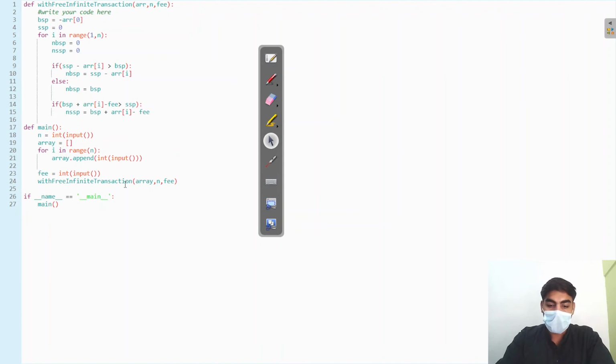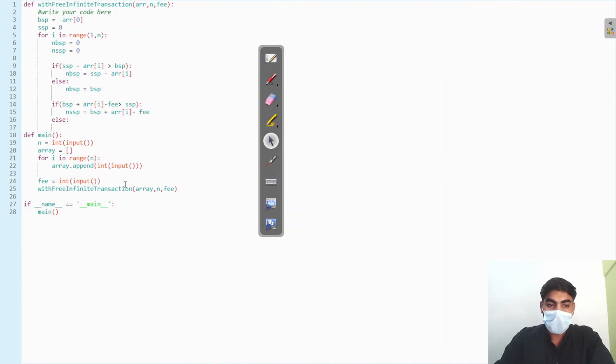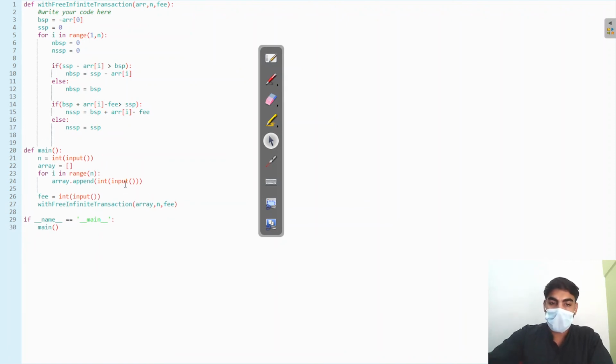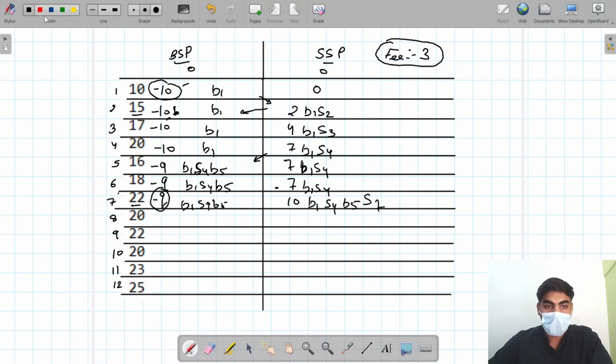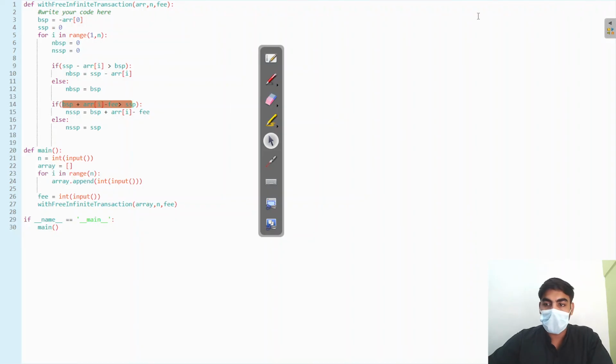In the else condition, we take it as it is: new selling state profit is equal to selling state profit. Here you can see 4 is greater than 2, so I am taking 4 instead of 2, or 7 is greater than 3, which comes from this transaction, so I am taking 7 as it is. These are the two conditions which I write here.